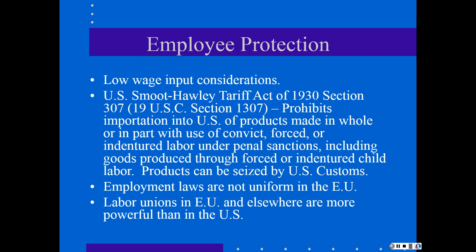The Smoot-Hawley Tariff Act of 1930, we mentioned it in securities regulation, Section 307 to be specific, prohibits importation of products made in whole or in part with the use of convict, forced, or indentured labor under penal sanctions, and including the goods produced through forced or indentured child labor.